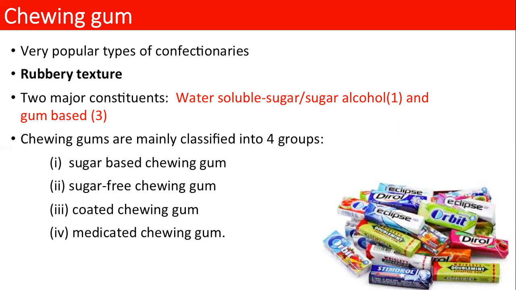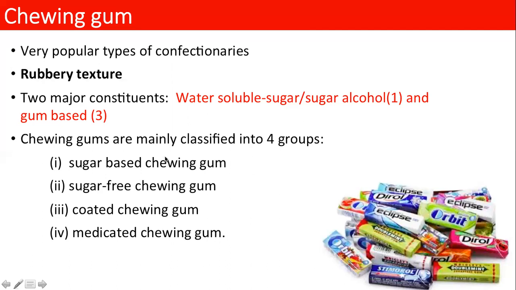Even sweet agents, maybe a little bit salted surfaces, with some mint and some fruit flavors, so you can develop. And medicated chewing gum means incorporating different types of ingredients having medicinal value, right?